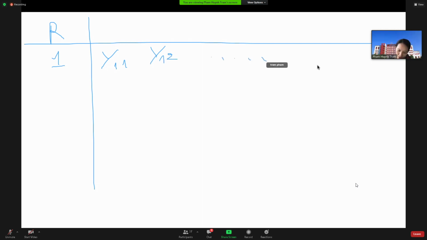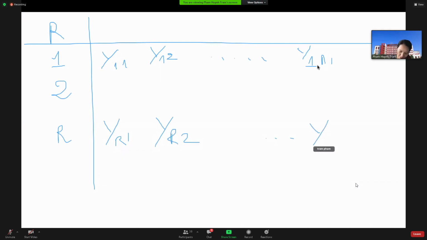Let's say the first replication has N1 entities. And then the second replication, and so on until R replications. We would have YR1, YR2, and so on up to YRN.